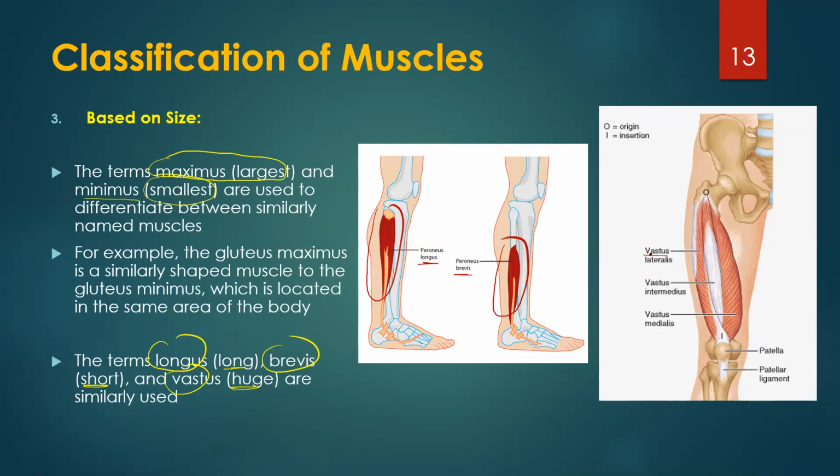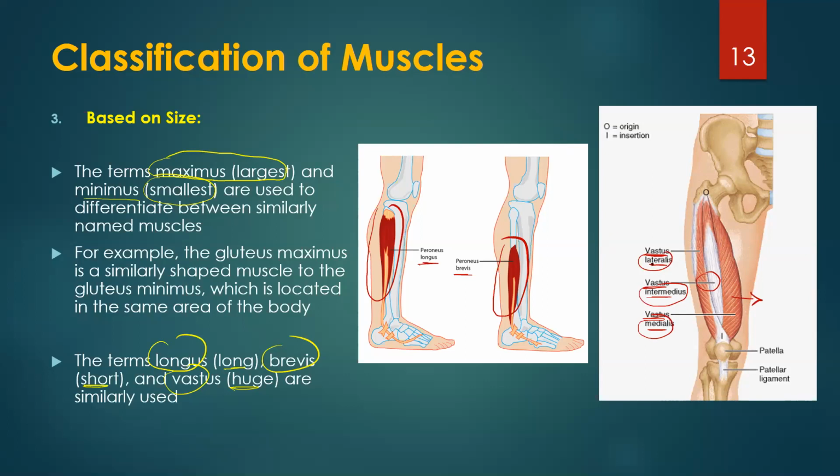Again, vastus means wide, huge, and it consists of three further muscles. So vastus lateralis on the lateral side, intermedius in between, and medialis on the medial side, towards the center line.